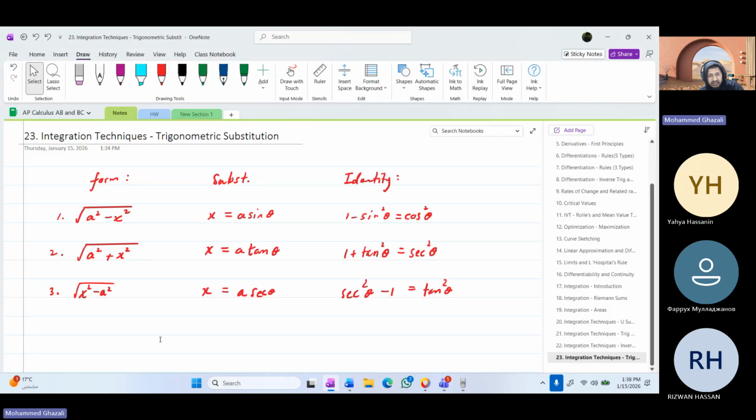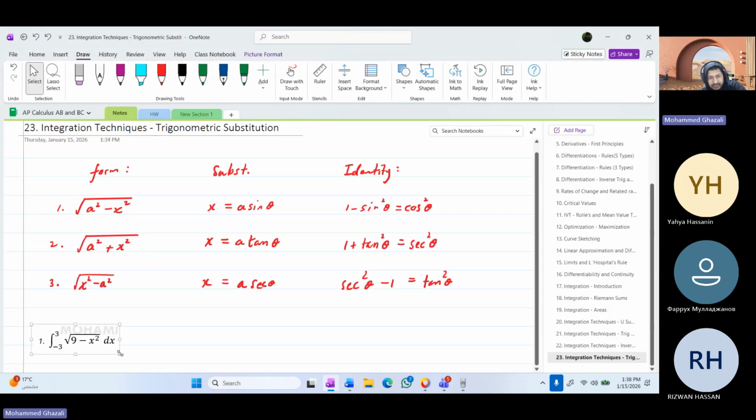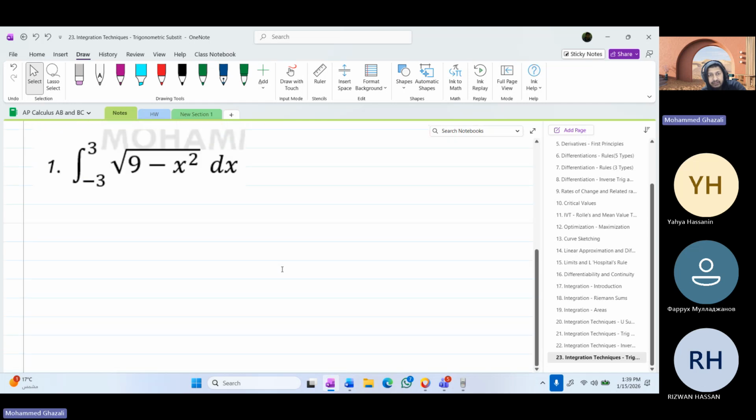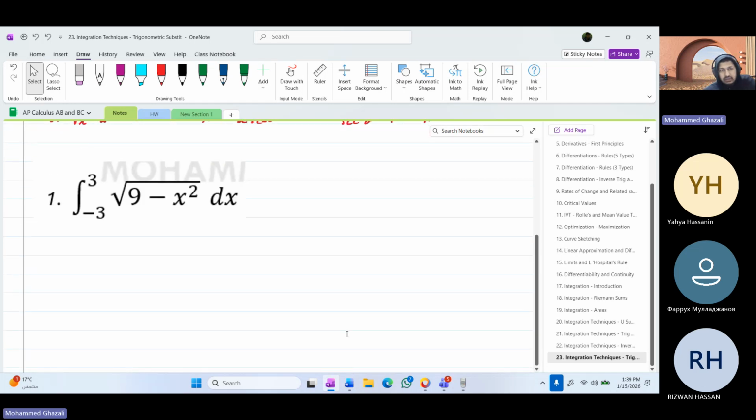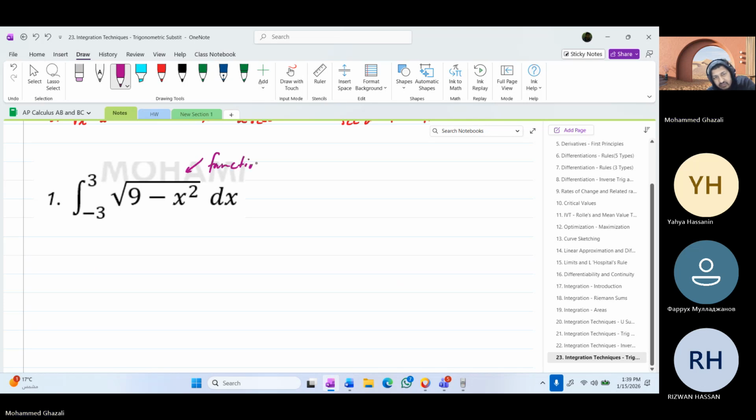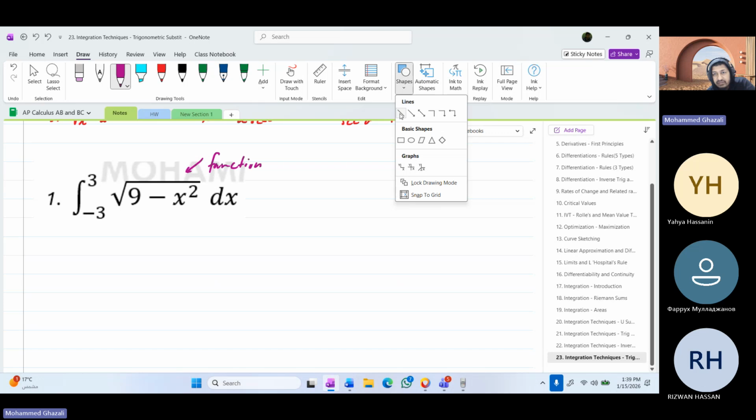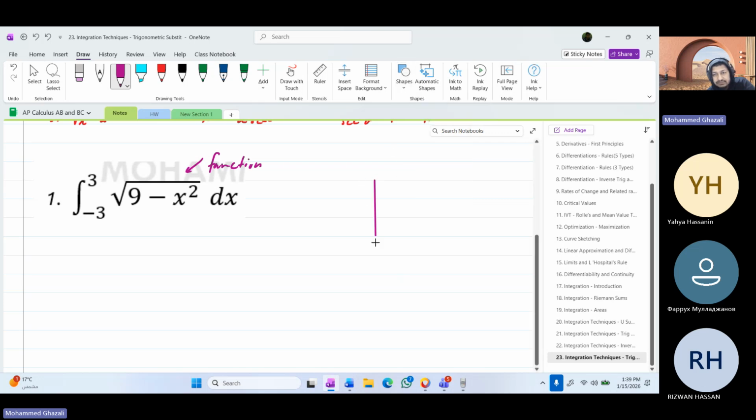So the first form of the integral, remember we have done this before already. We can use geometry. Remember, this is a function that we are integrating over this boundary, minus 3 to 3. Because we are integrating this function over this boundary, it's like finding an area of the semicircle.